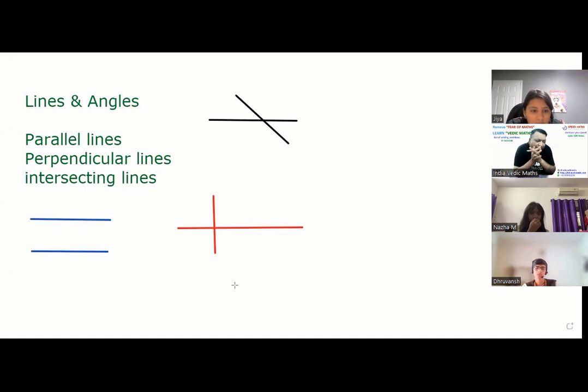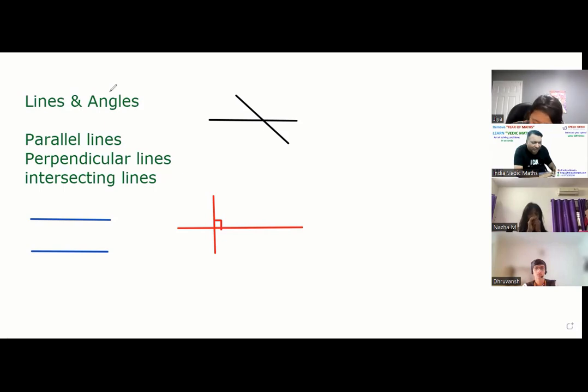Which of them is intersecting? Guys, blue, red, or black, which are intersecting lines? Black. Is it only black, guys? Black and red. Red is also intersecting, but it is acting at 90, so perpendicular intersecting. But intersecting, right? Perpendicular lines and intersecting lines, the difference is 90 degree.